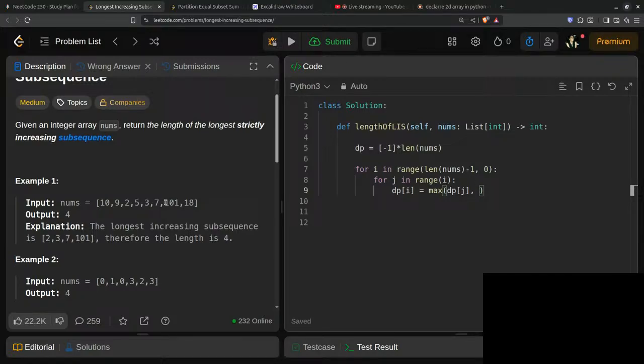Now my logic is if I'm here, then I'm going from bottom to up. So from here, it is 1.